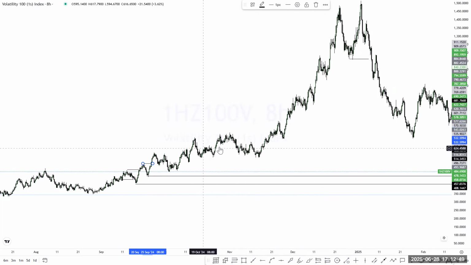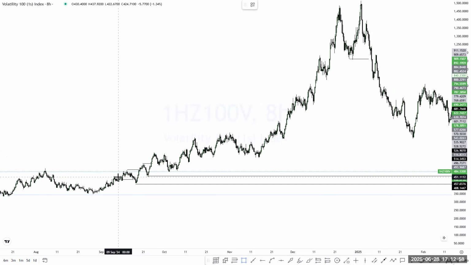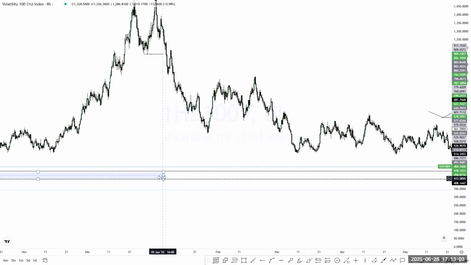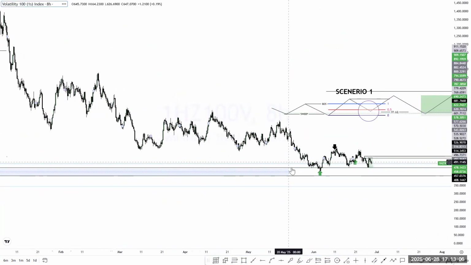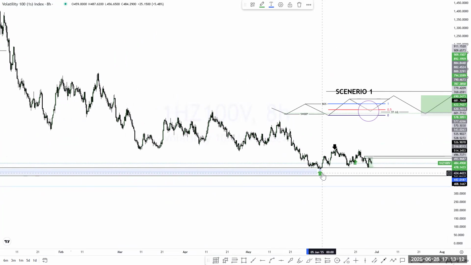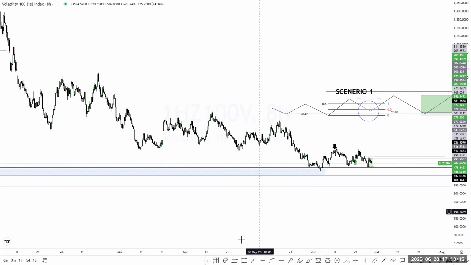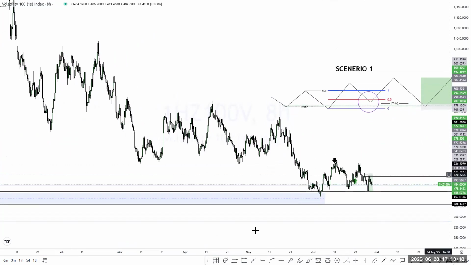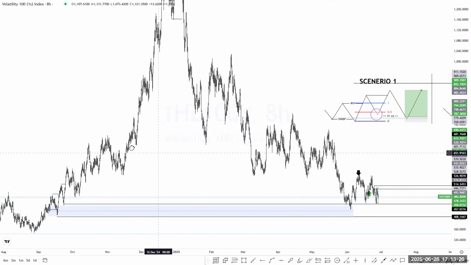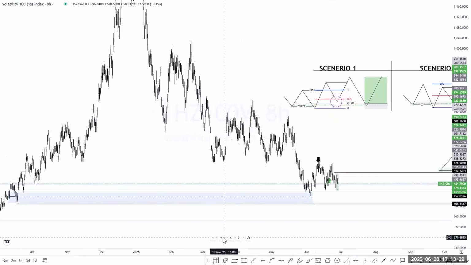Even at this point in time, there are SBS setups that you can catch even on the lower time frame, but I'm just trying to give you an example. So this becomes your higher time frame SBS. Can you see it? So this is why price has been reacting. We have the sweep, break, and the structure. This is our low, and currently price came to this point before going back.